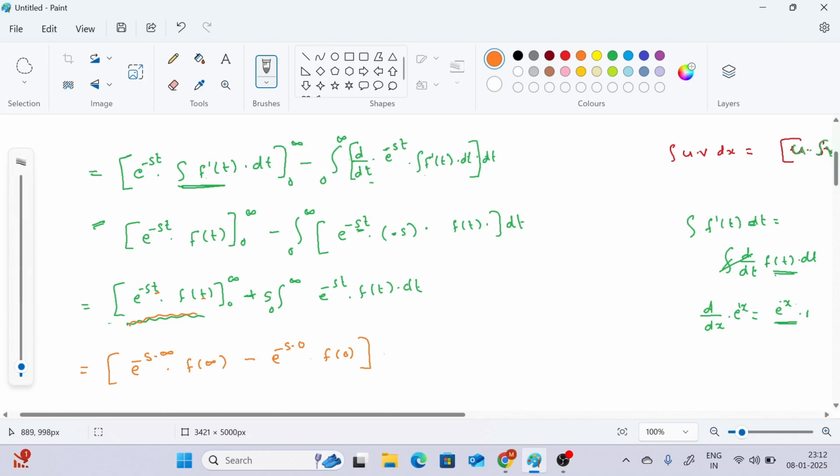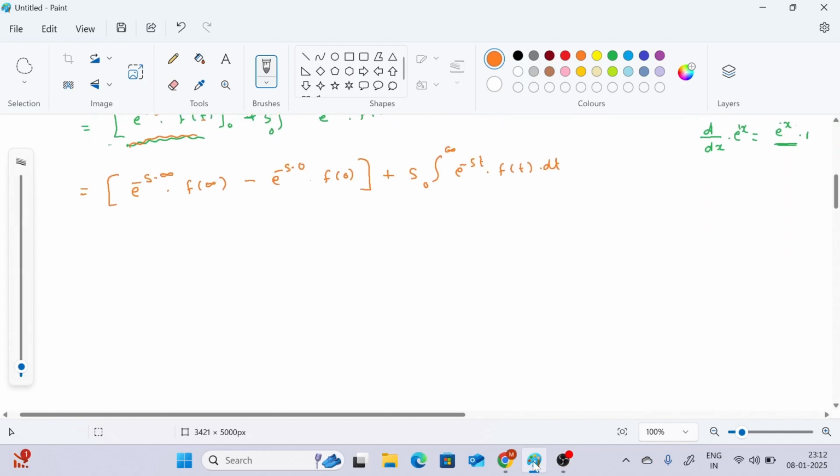Plus I'm going to put this term as it is, 0 to infinity e raised to minus st f of t into dt.